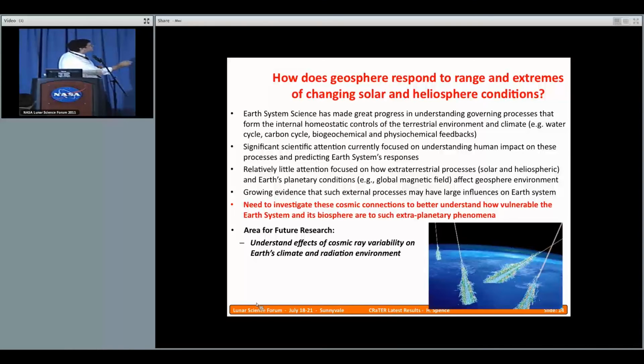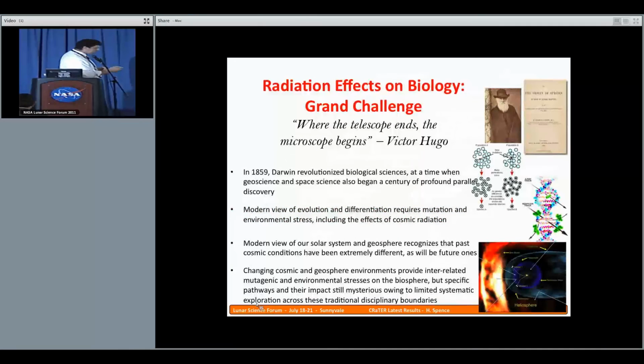And that gets to a very large question about the geosphere in general and how it's responding both to the variability of cosmic rays and to the variability in solar energetic particles. And finally, I'll point out that there's a biological connection here, a very important biological connection. If you go all the way back to Darwin's theories of evolution, what you find is he needs a source for a mutagenic source, something that's going to lead to variation in genome and therefore differentiation in species.